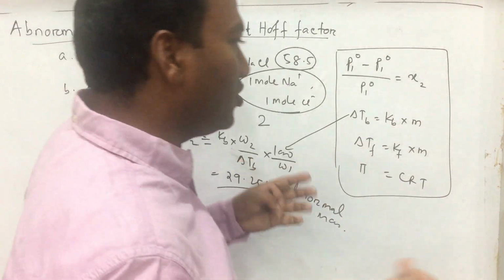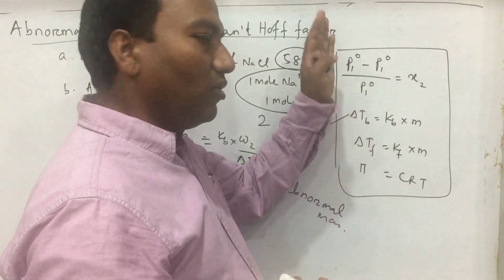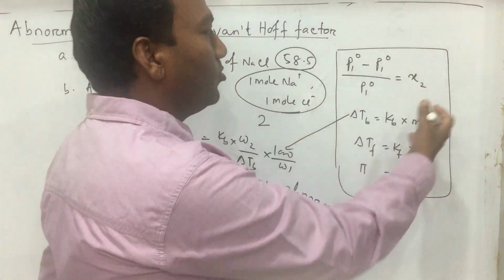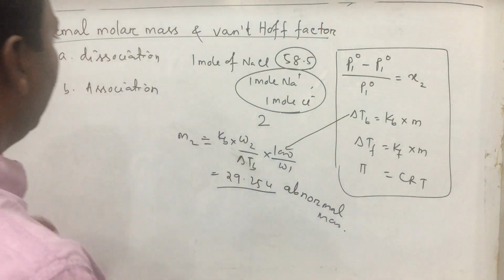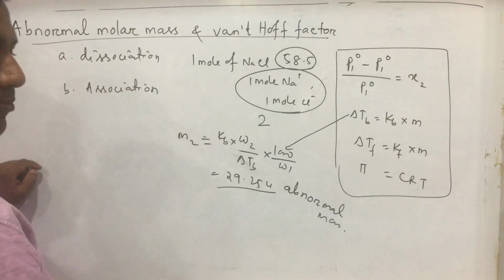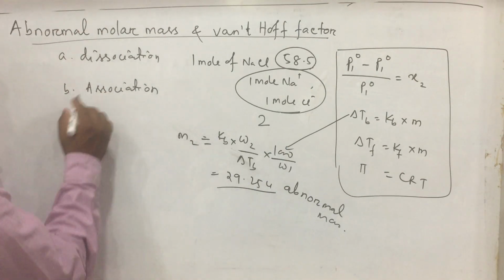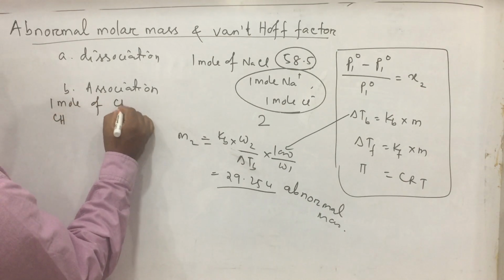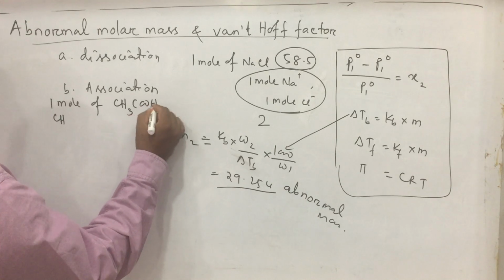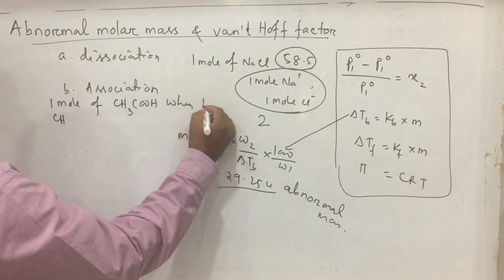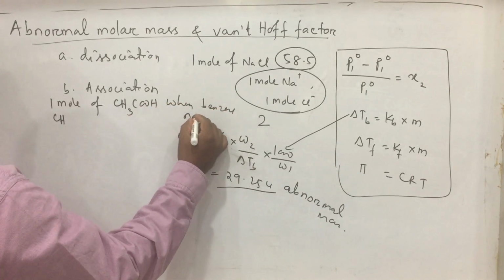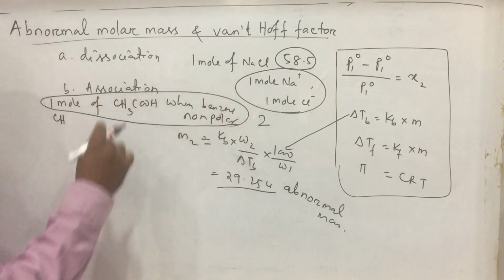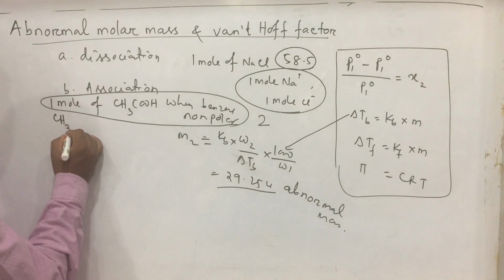Now one question comes to our mind: all formulas are wrong, so how will the formula be modified? Similarly, let us come to an example of association. Suppose 1 mole of acetic acid is dissolved in benzene, a non-polar medium.